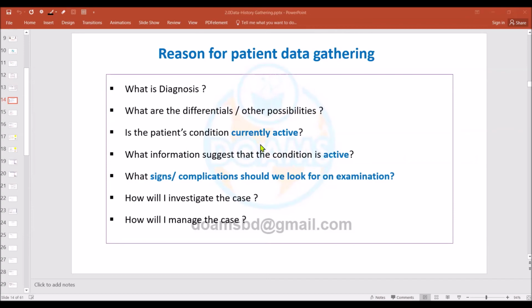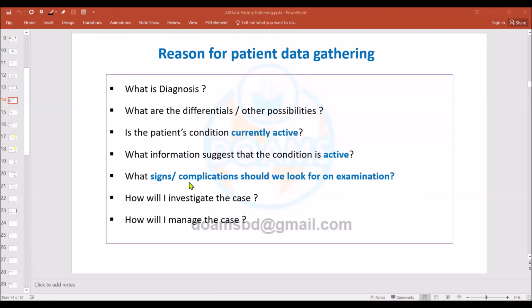Is the patient's condition currently active, that means, should I take any emergency management steps? What information suggests that the condition is active, that is, what information is guiding me to say that this is active or an emergency?